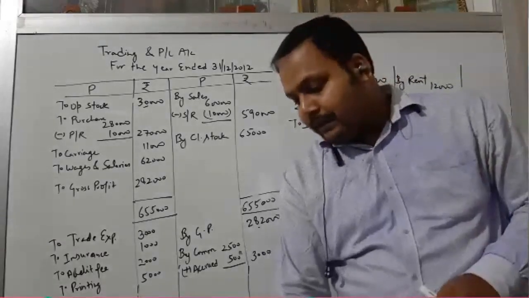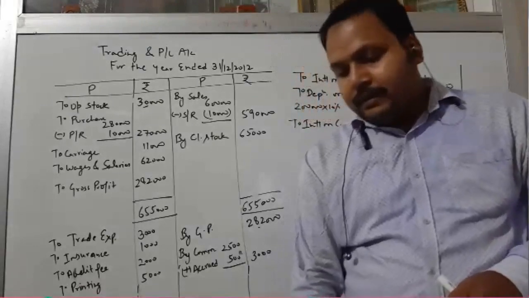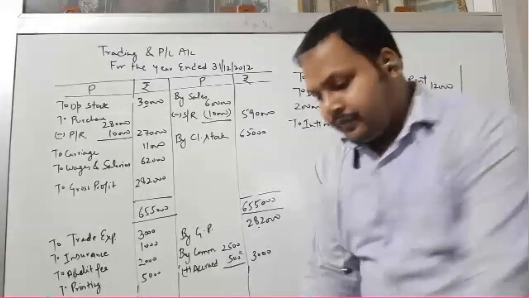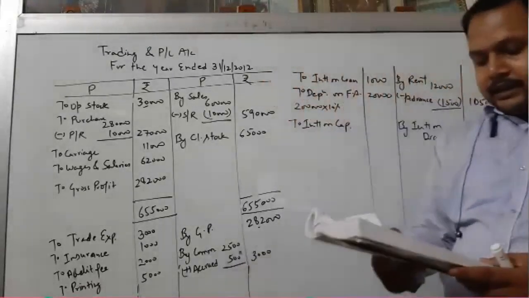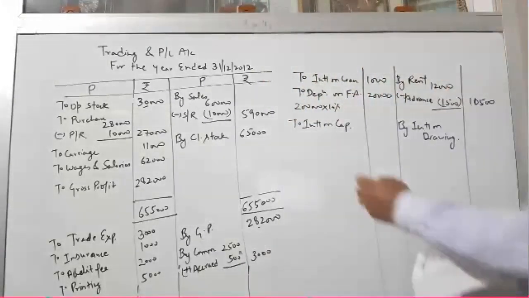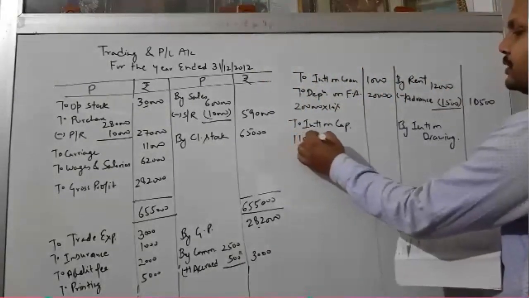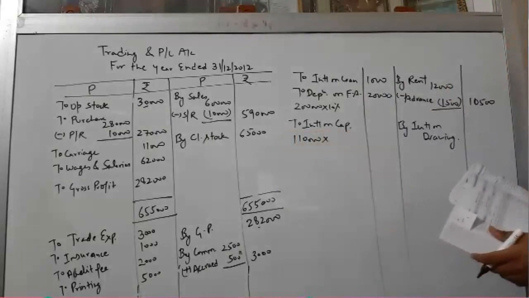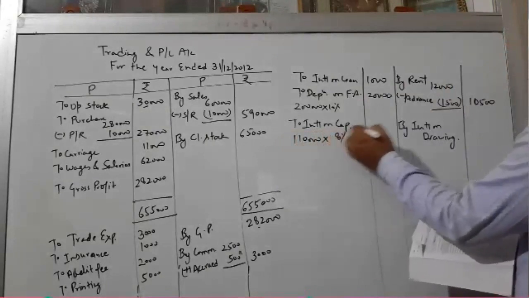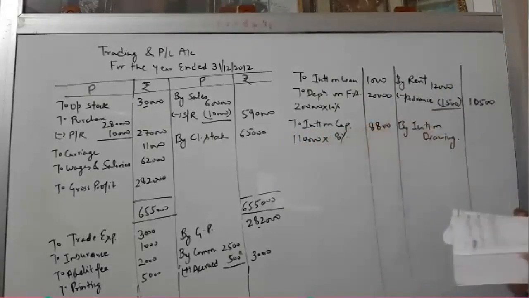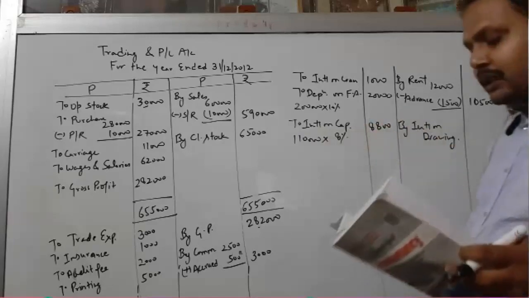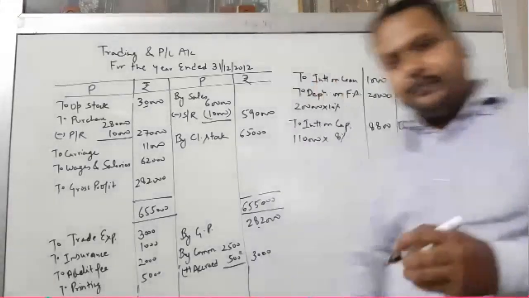What is the amount of the capital according to the trial balance? According to the trial balance the amount of the capital is 1,10,000. So 1,10,000 multiplied by 8%. So 8,800 is the interest on capital, and interest on drawing value is given in the question, that is 800.